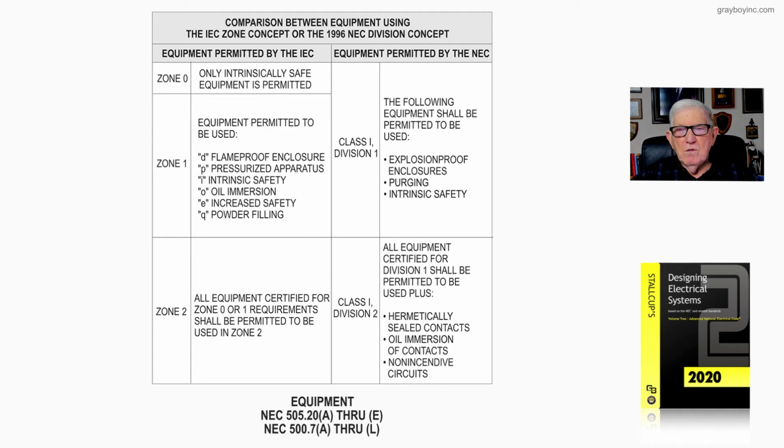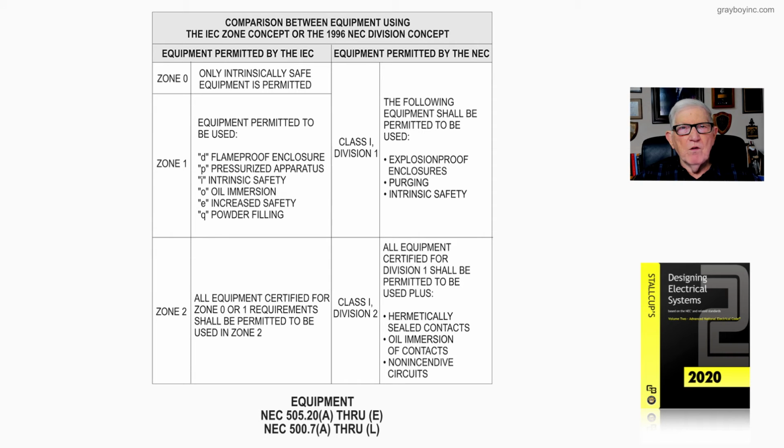But notice over in Class 1 Division 2 in the NEC, we can use any of the equipment in the Class 1 Division 1 above: explosion-proof, purged and pressurized, intrinsically safe. And then notice, additionally, we can use hermetically sealed contacts, because we have to take care of the contacts. All immersion of contacts, non-incendive circuits.